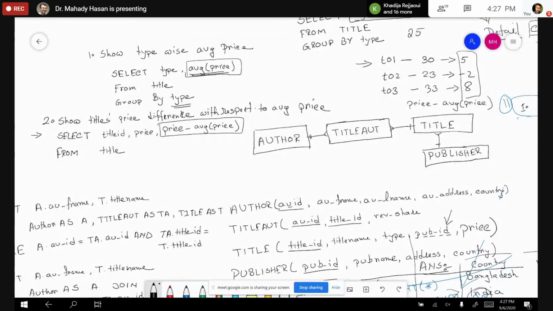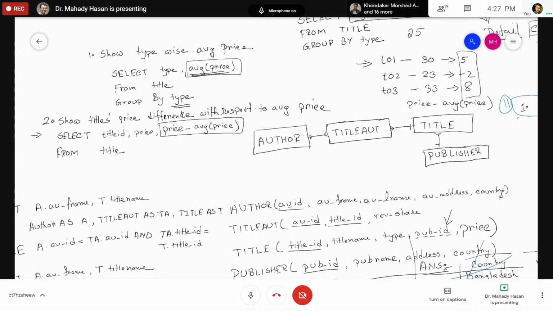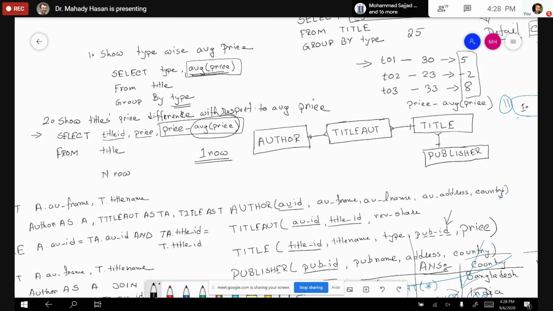It seems okay, right? জি স্যার, কিন্তু আপনি তো লাস্ট আবার না বলে দেন। হ্যাঁ, it seems okay, but it doesn't work. Why doesn't it work? Because this is an aggregation. So this aggregation will make only one row, right? ইয়েস স্যার। But whenever we are entering this information, there will be n rows based on the rows that are in the title table.